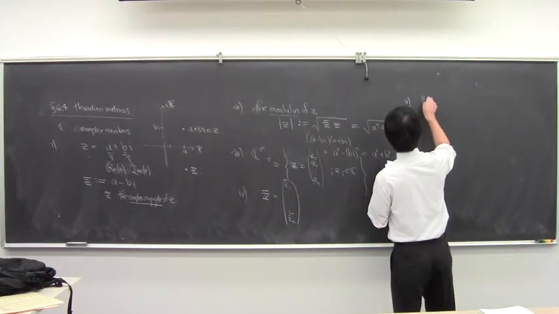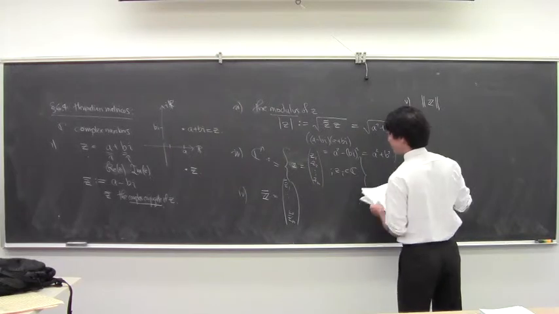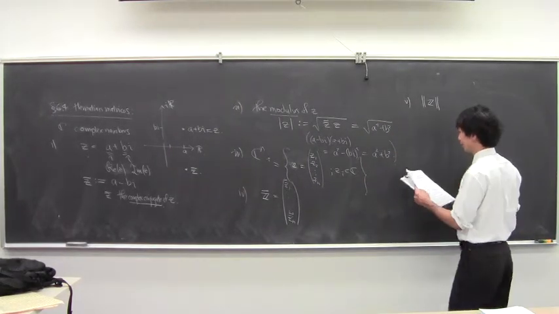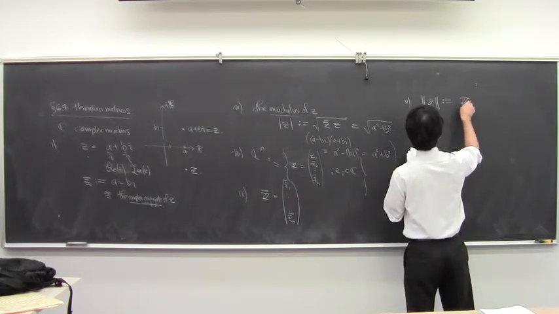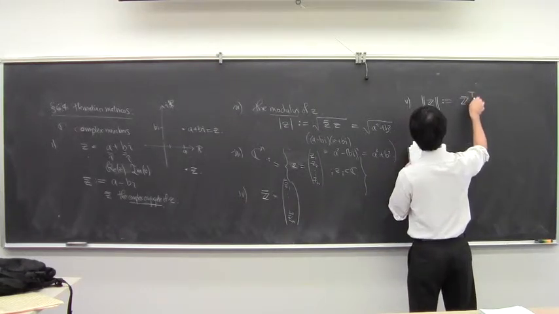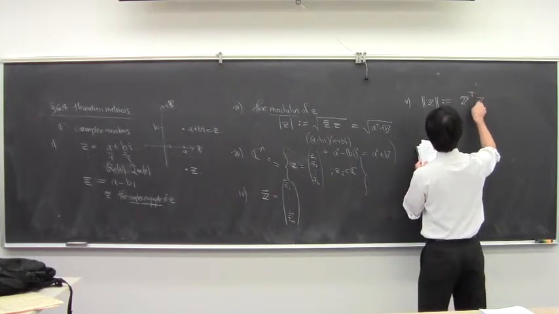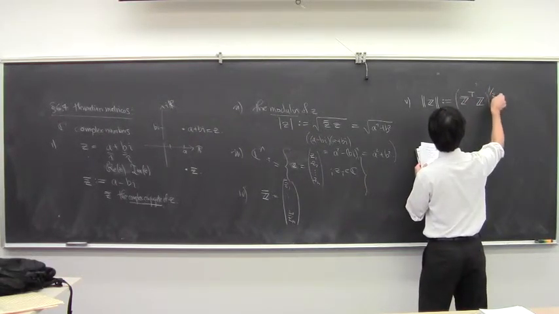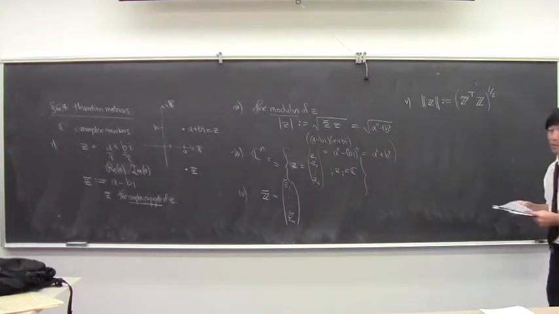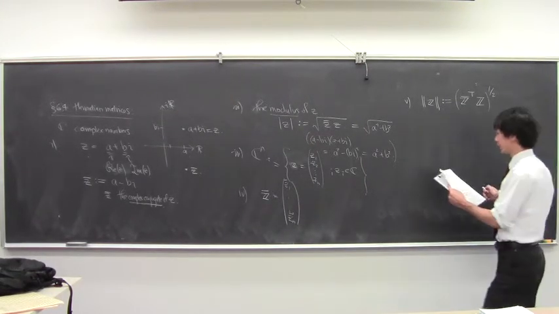Okay. We define the magnitude of a complex vector by taking the complex conjugate, transposing it, and multiplying it by z, all to the 1/2. So you use matrix multiplication.